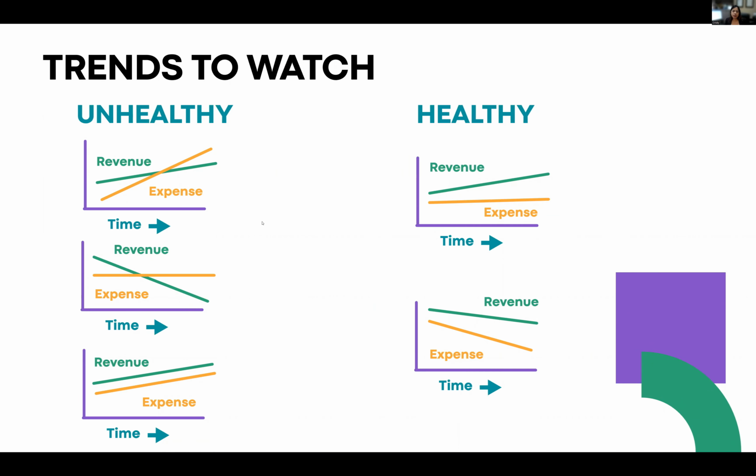So here we're saying it's unhealthy because the expense is growing faster than the revenues. Over time, you will just have a negative cash flow here, and this is not sustainable. Now, the healthy version of the trend would be your revenues increasing, and probably your expense increasing a little bit as well because of the cost of goods sold, but the other fixed costs should be just flat over time, right?